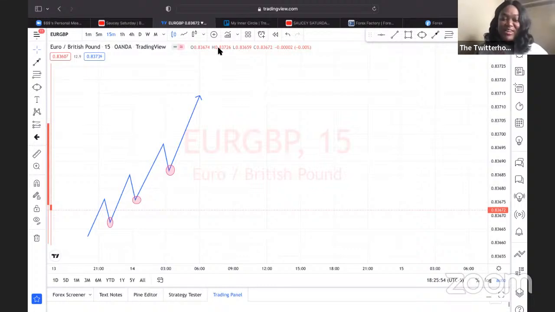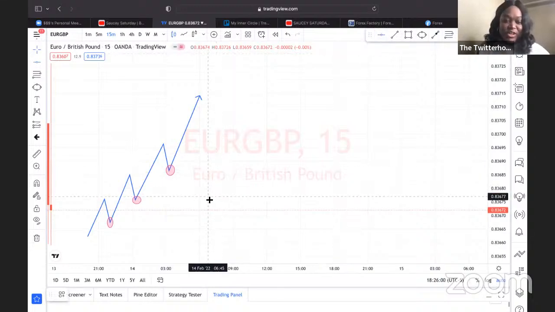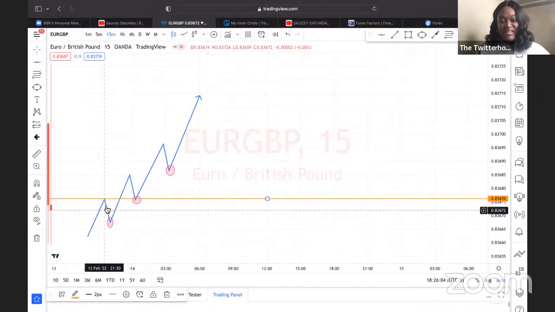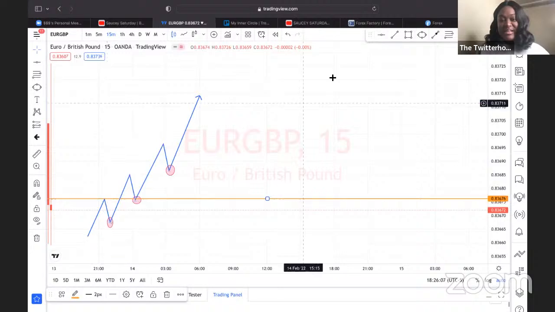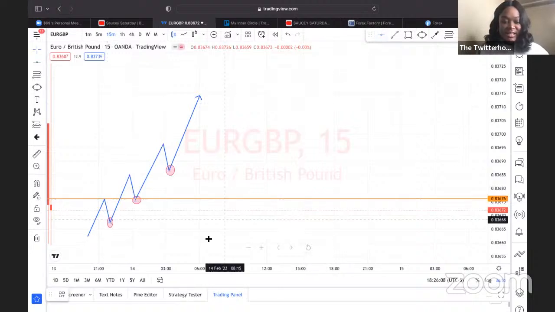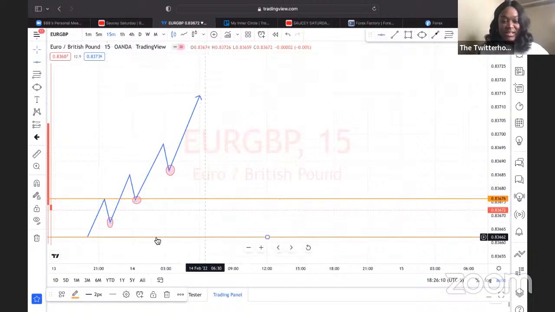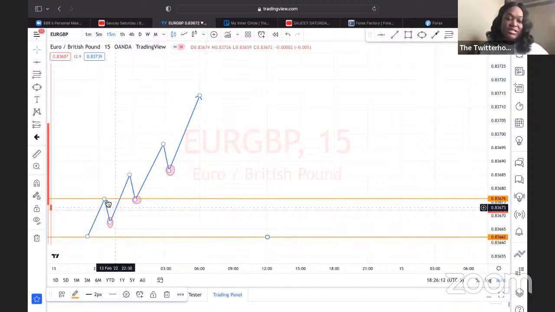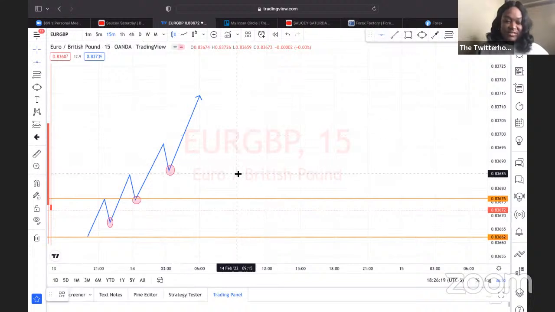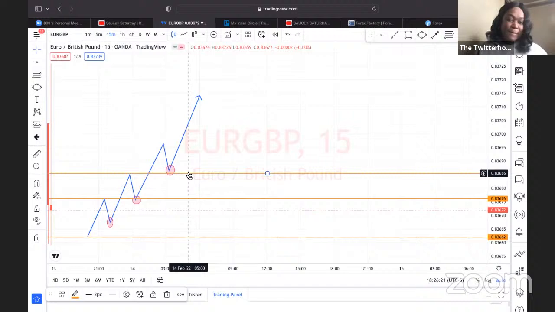The word I was looking for was retest, right? You put your level of resistance here, right? Down here, that would be support. This is support. This is resistance. It's support here. It's resistance here, right? And so on and so on.